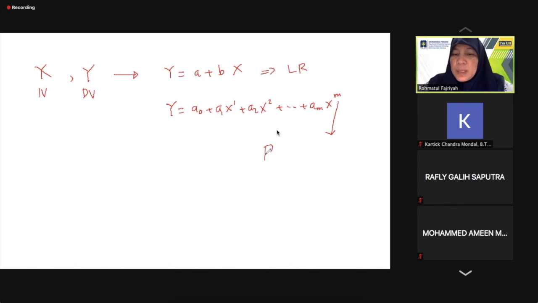That's why we call something like this polynomial of degree m, which is the highest degree or the highest power. If you only have this one and one dependent variable, this can be computed by applying the model. Let me go back to here.